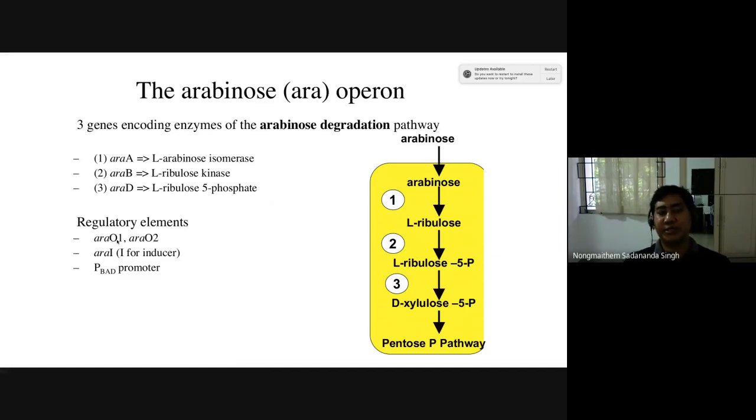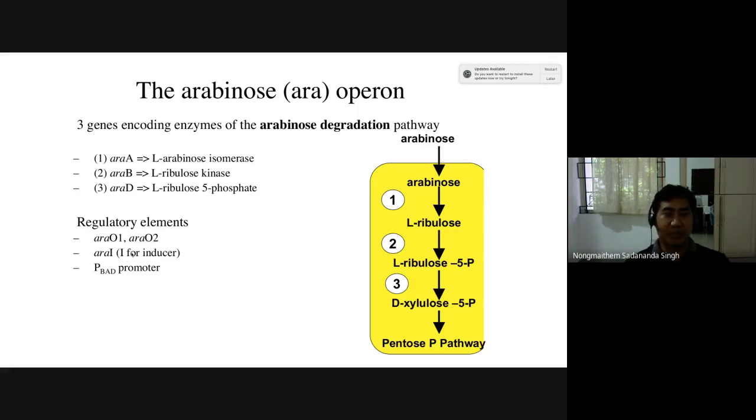The operator regions are sequences wherein accessory repressors, or mostly the repressors or activators, bind and affect the expression of genes. And the inducer here acts as an enhancer for the transcription.